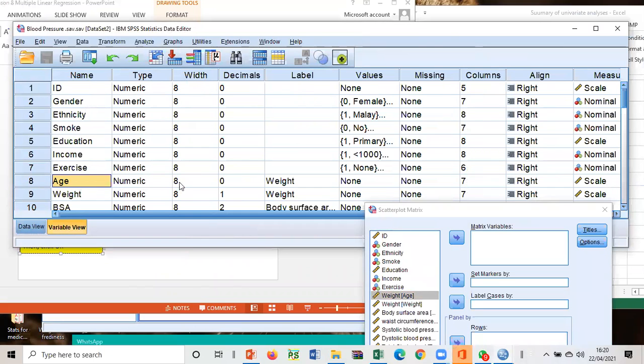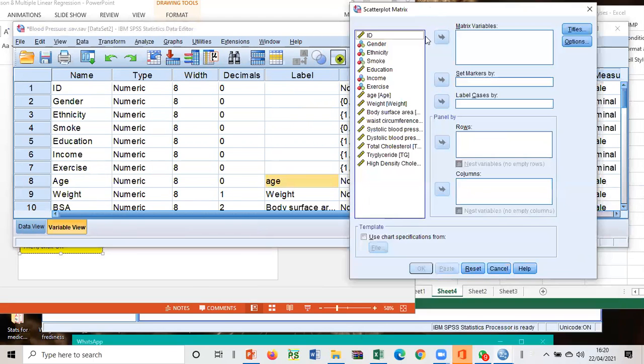For age, correct this in variable view. Age, weight, BSA, and what?